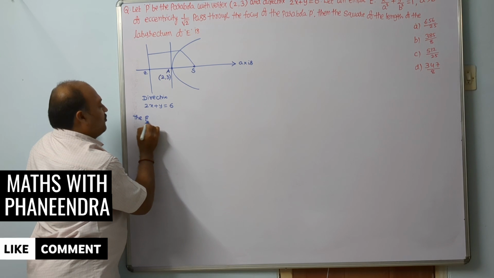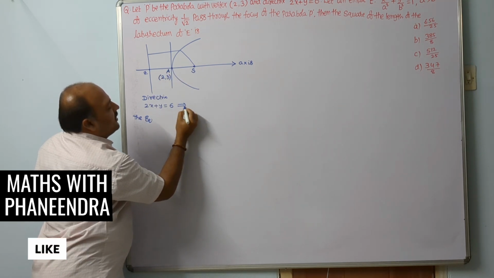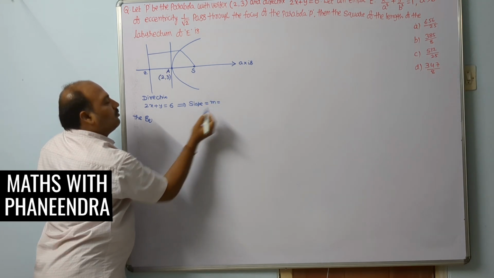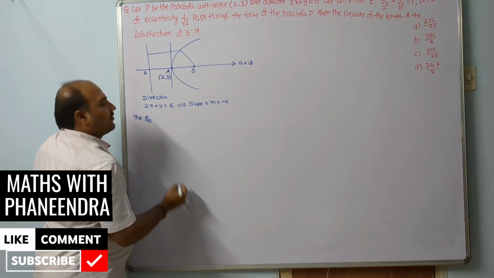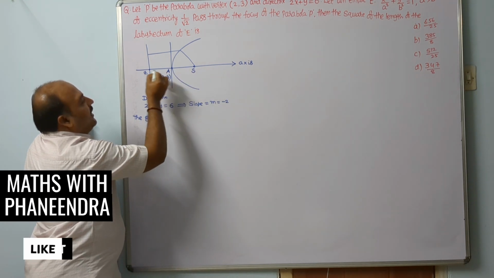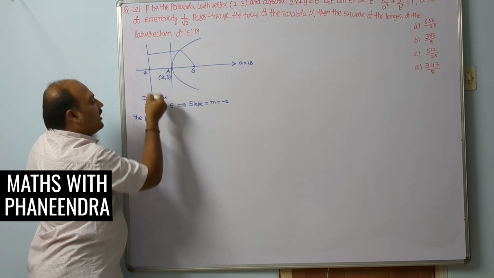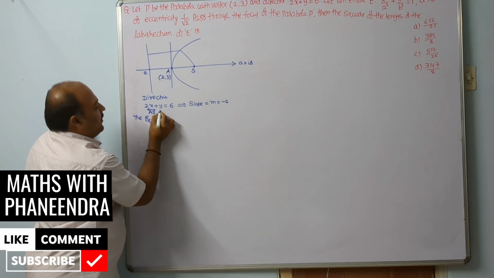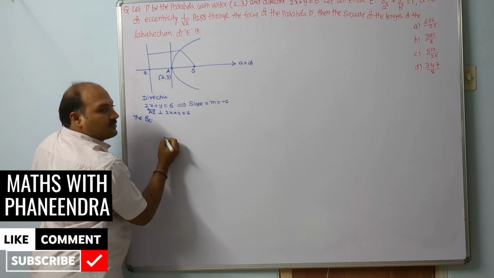So what is the slope of this line? Slope m equal to minus x coefficient by y coefficient. As line AS is perpendicular to directrix, AS is perpendicular to 2x plus y equal to 6.